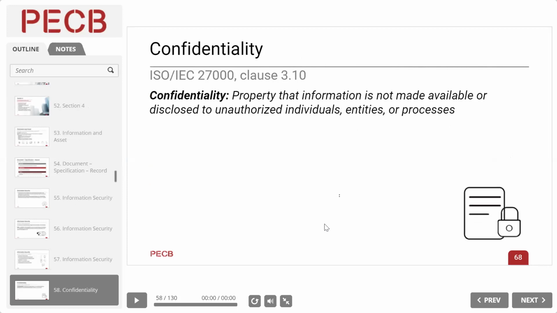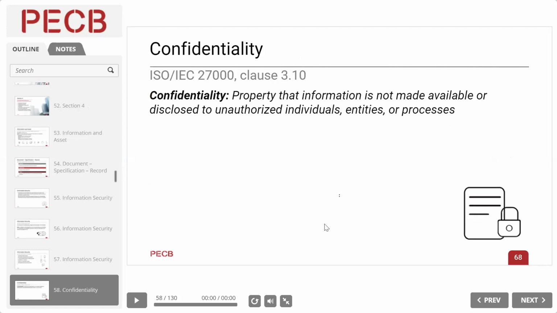Confidentiality is the property of ensuring that information is not disclosed to unauthorized persons. So only authorized people can have access to confidential information.